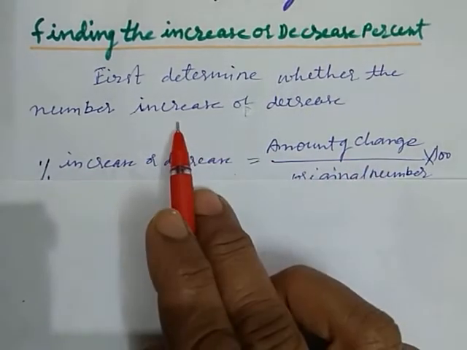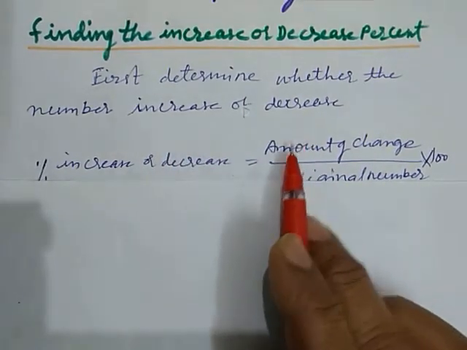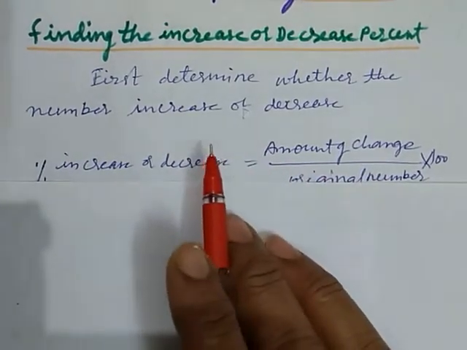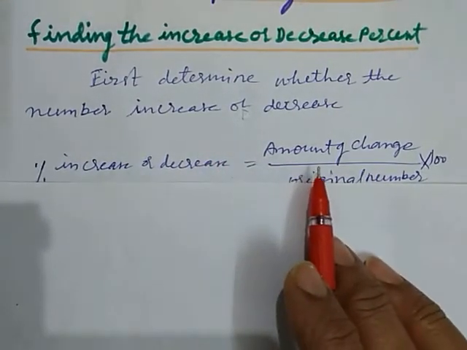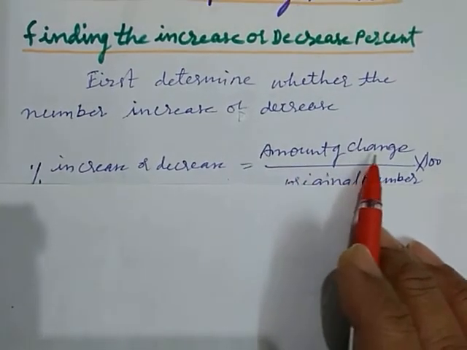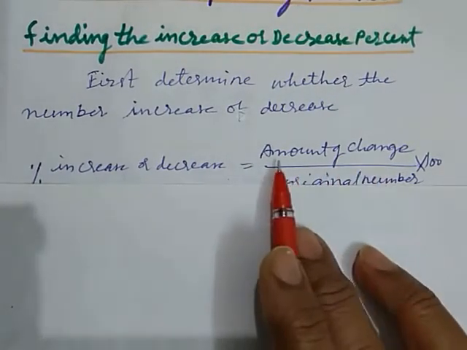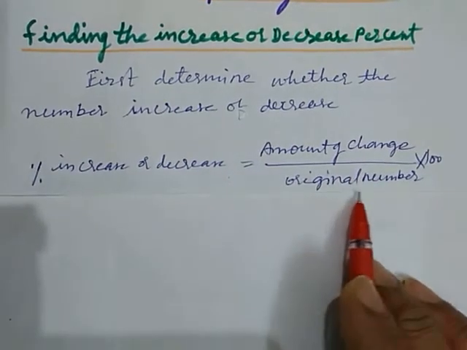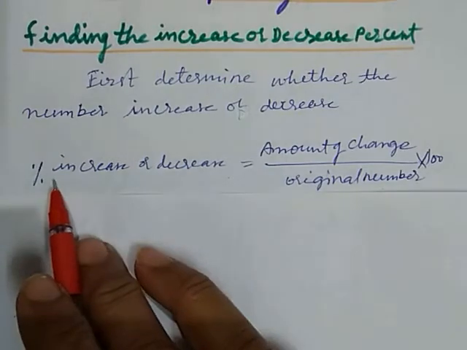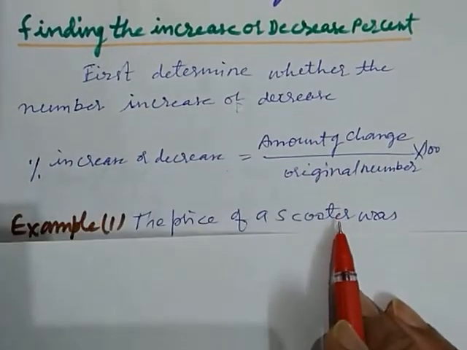We find the amount of change by the difference of the original number and the new number. So amount of change divided by original number, times 100, is the percentage increase or decrease.